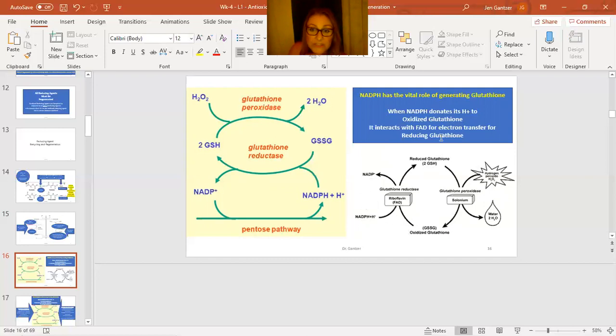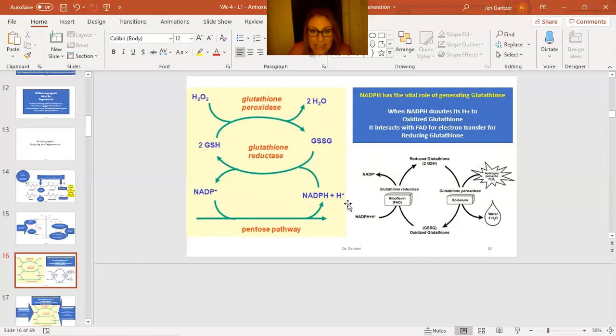So those are going to interact, and that's actually a very common physiological trade-off redox reaction between B2 and B3, which is one of the very important reasons that those two essential B vitamins have to be continuously taken into the body to make sure that they're bioavailable for all of these redox reactions. So the NADPH is vitally important to regenerate oxidized glutathione back into the reduced glutathione.